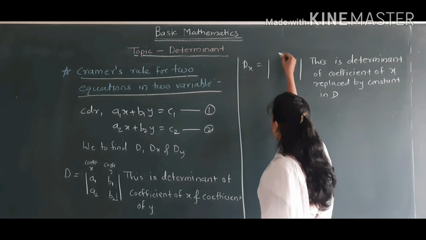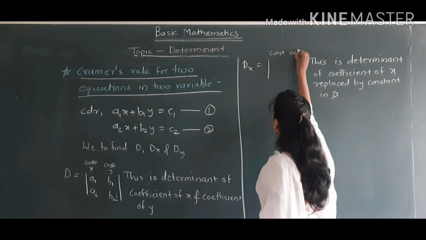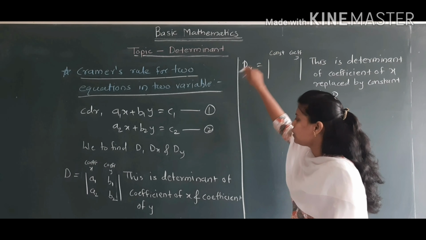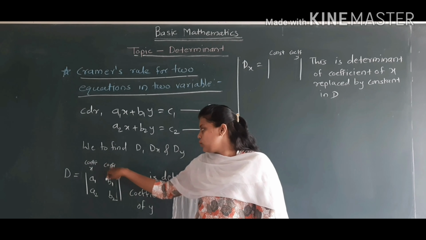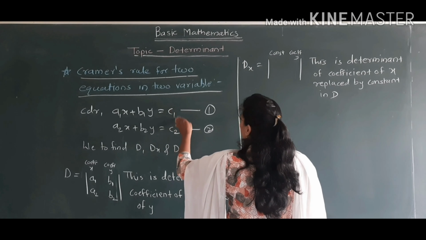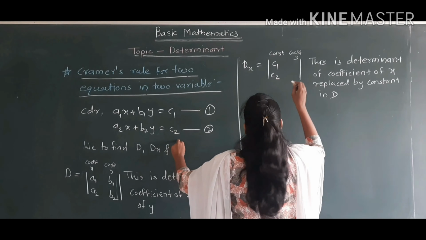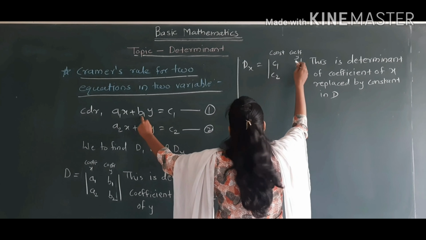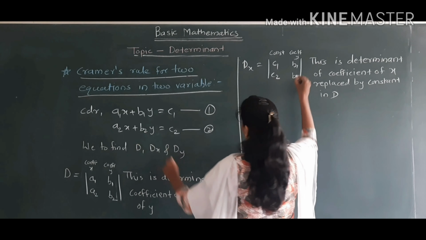Therefore, the coefficient of x is replaced by the constant and the coefficient of y is as it is. Now, what is the constant? The right side of the equation, that is c1, c2, is our constant, and the coefficient of y is b1, here the coefficient of y is b2.